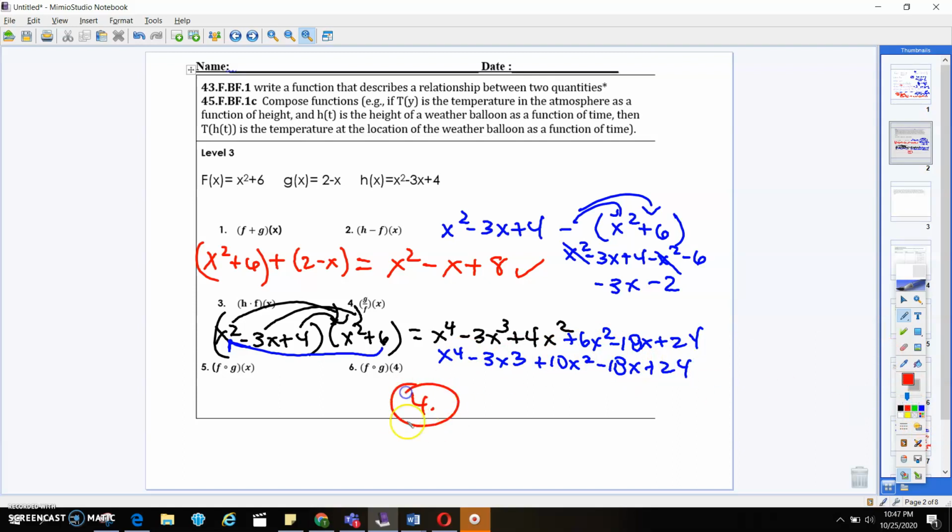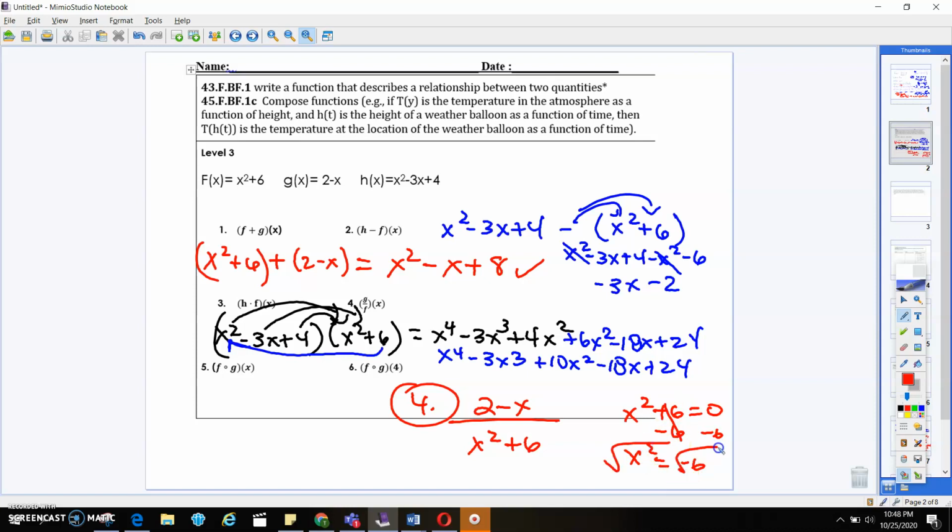On number 4. This one always tripped everybody up on that first quiz. So remember, we're going to take g, and we're going to divide it by f. Then what we're going to do is make sure that there's nothing in the bottom that's going to make this undefined. It can't be 0. So we're going to take x squared plus 6 and set it equal to 0, and solve.